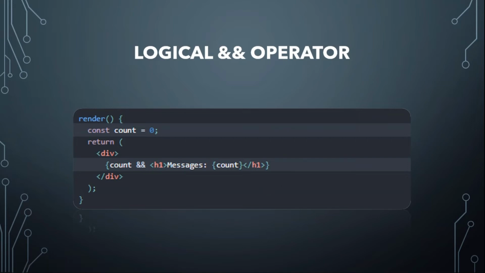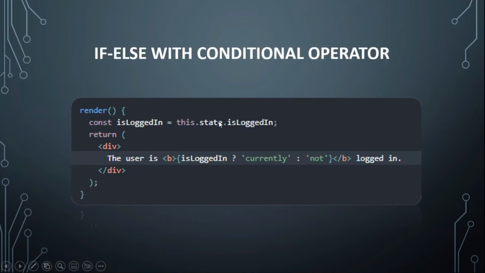So let's look at how we are going to use the operator in our app. In our app, we are going to be using this if else conditional operator. So let's dive into it.